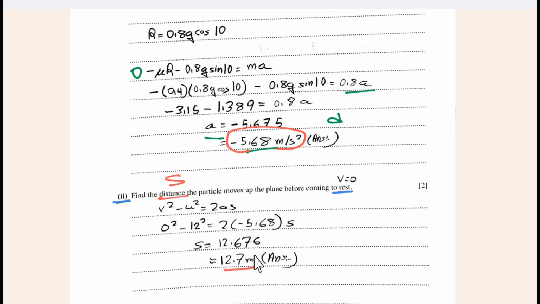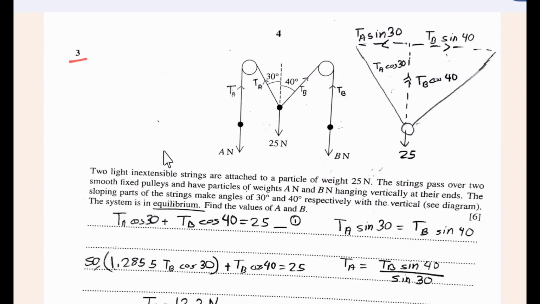Question number 3. We have been given the diagram, and the system is in equilibrium. Since the system is in equilibrium, the resultant force is 0, that means the system is at rest.